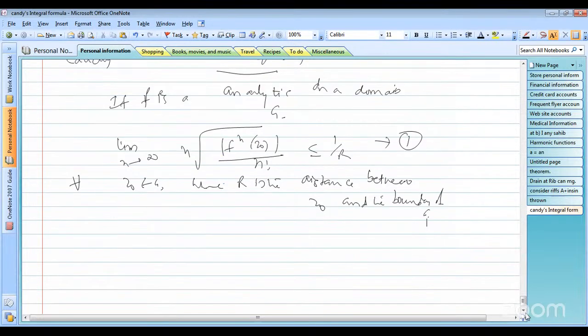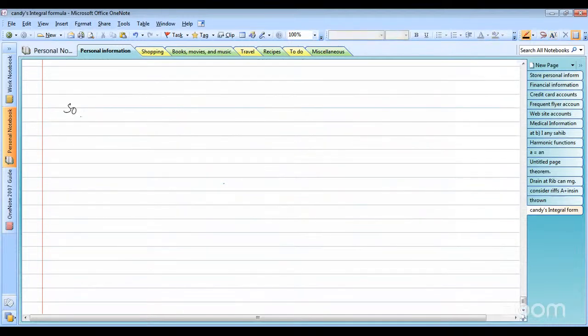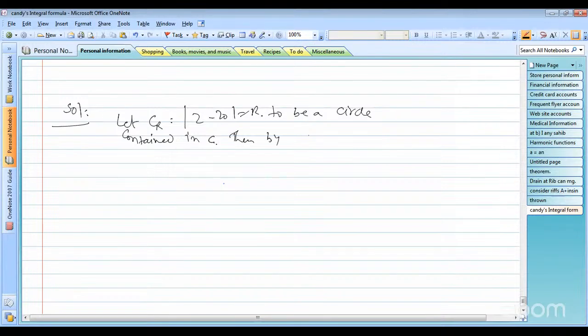See here one solution. Let |z minus z0| is equal to R. You know that the circle is contained in G. Then by the Cauchy inequality, |f^(n)(z0)| is less than or equal to M n! by R^n.